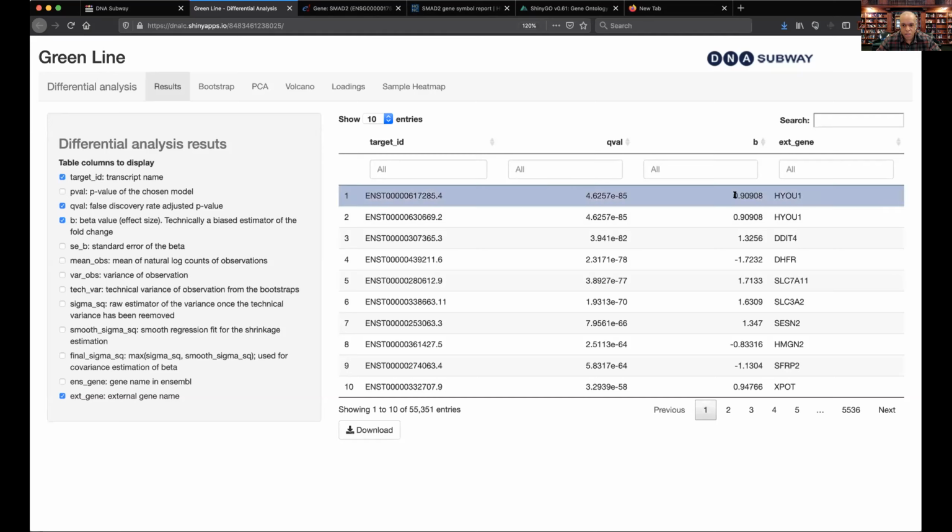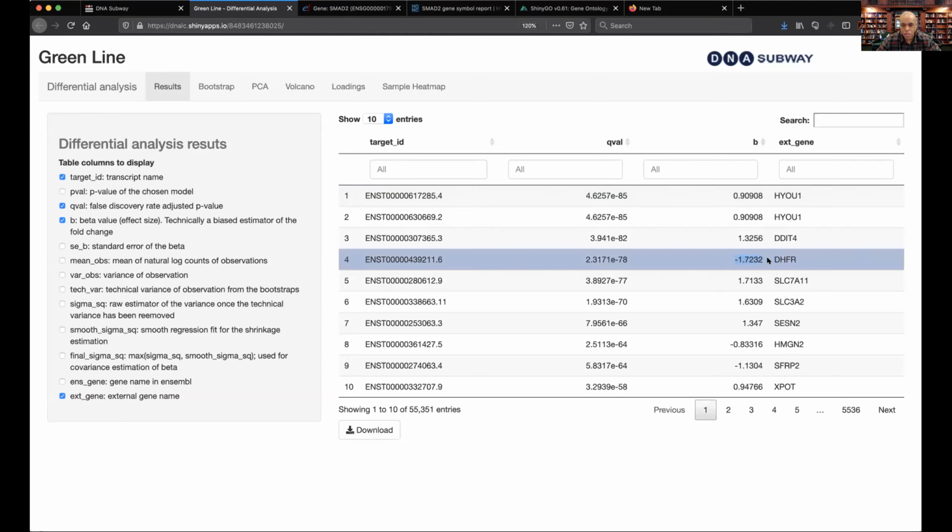So in this case, it's saying that there's an increase of gene expression. That's a 0.9 fold increase. So a little bit more gene expression. Whereas in some cases, this gene DHFR is minus 1.7. So it's 1.7 times less gene expression.